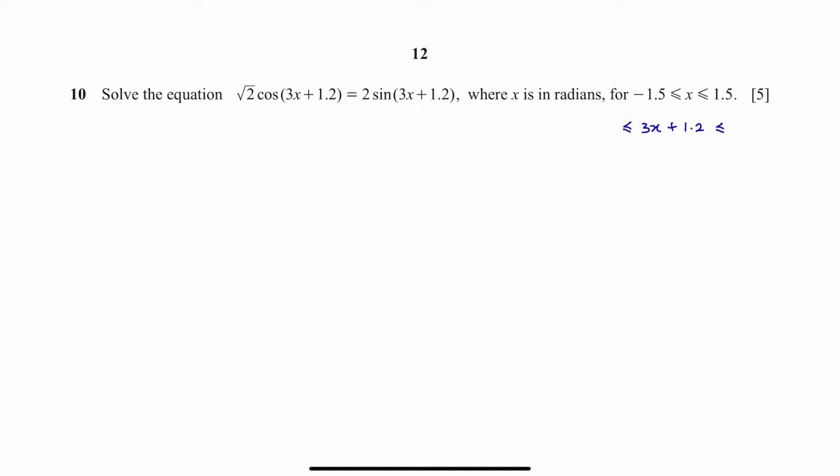So we would get negative 3.3. And for the upper bound, we get 3 times 1.5 plus 1.2, and we would get 5.7.